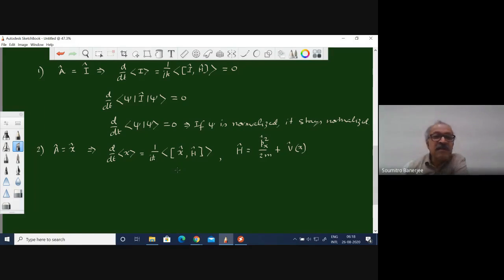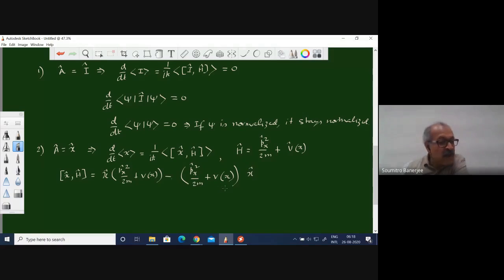So effectively we need to figure out this commutator of x and H. It is x times px square by twice m plus V of x, minus px square by twice m plus V of x, times x.